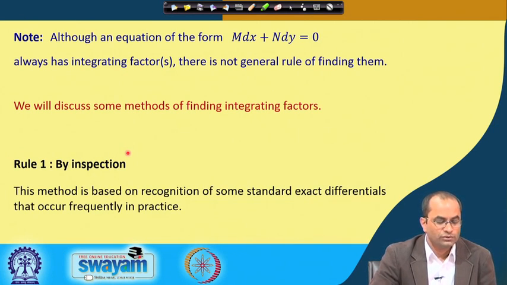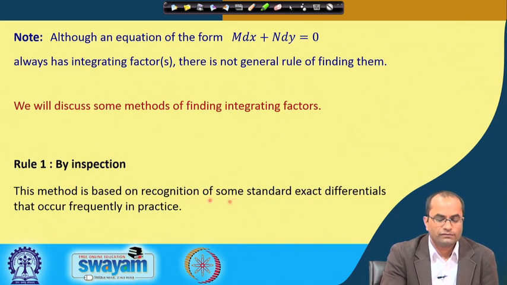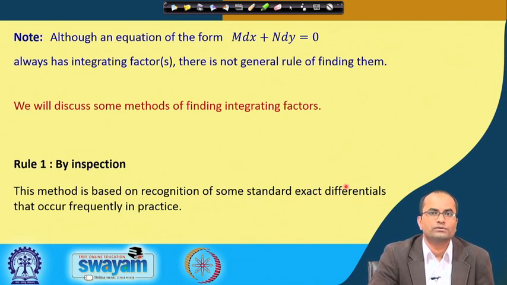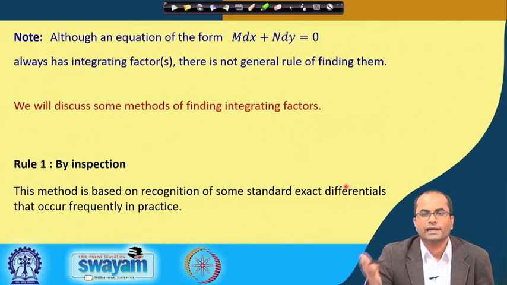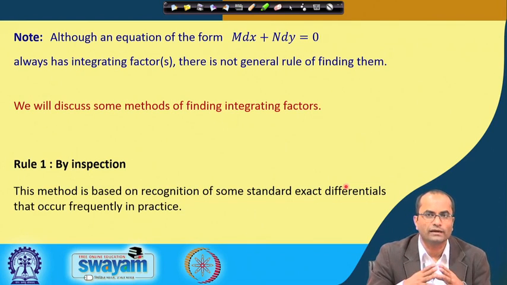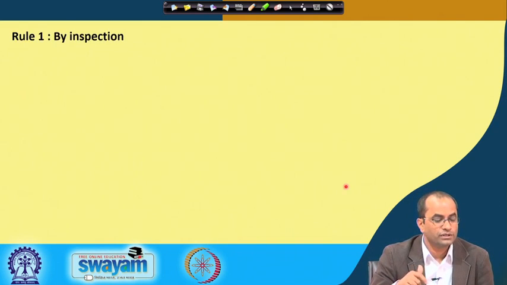This method is based on the recognition of some standard exact differentials. If we know some standard differentials, then by rewriting the equation, or multiplying or dividing by some function, we can get exactly the differential of those standard functions, and this is how we solve the differential equation in this approach.